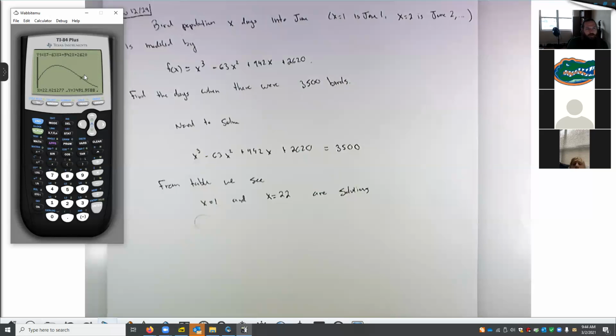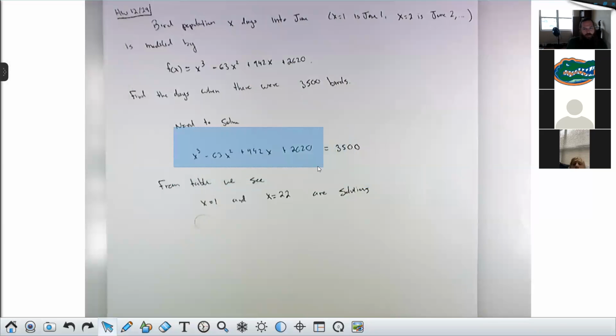Those are the only two times this function attains that value, the only two times when this function and the line y equals 3,500 touch. And that's really what I'm looking for: solutions to this equation are places where this graph touches this graph.